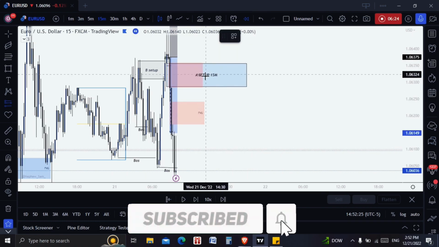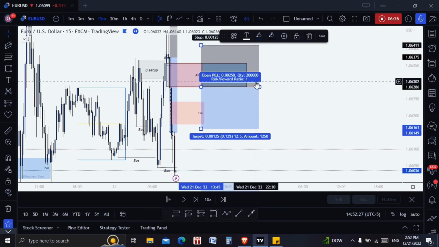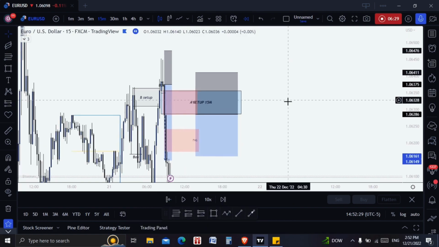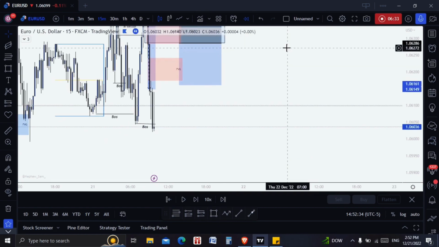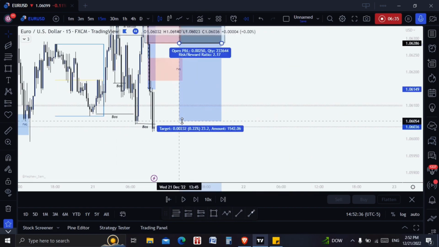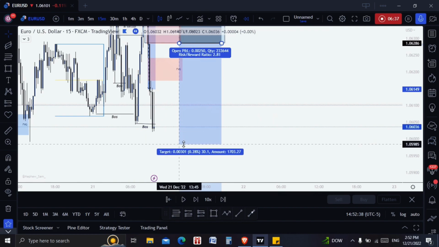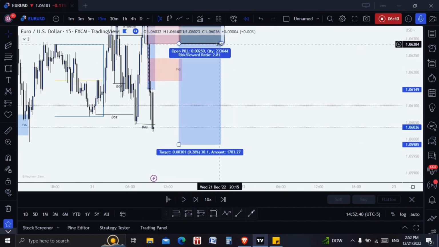And I would have come back here and I would have done this, and I would call another trade. I would have caught 30 pips on this one.